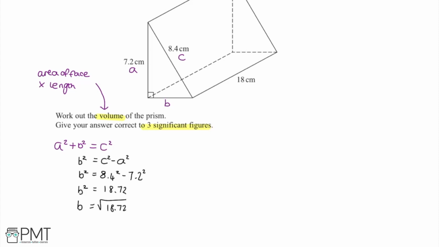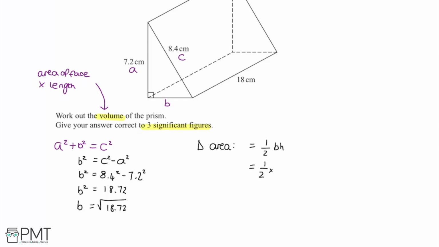So to carry on with this process, we've now found the missing side, B. And I now need to find the area of the triangular face. So the area of the triangle is going to be equal to a half multiplied by the base multiplied by the height. So we can take that as a half and substitute in the two values.